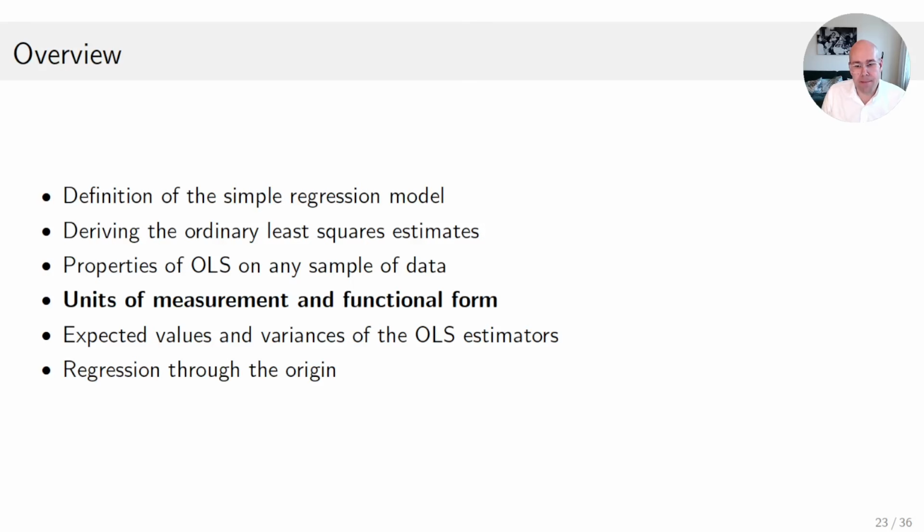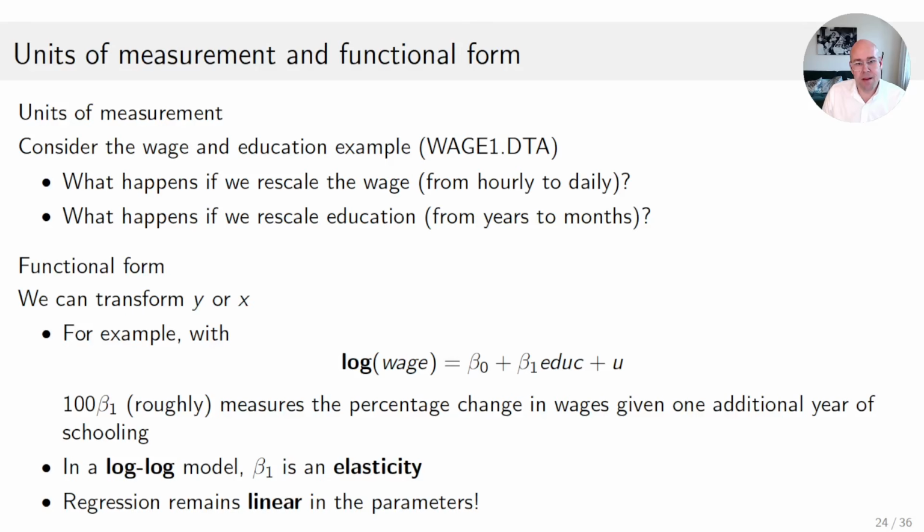Now, let's next talk about units of measurement and functional form. Let's go back to this wage and education example. And let's ask the question, what actually happens if we rescale the wage? So suppose we would rescale the wage from hourly to daily.